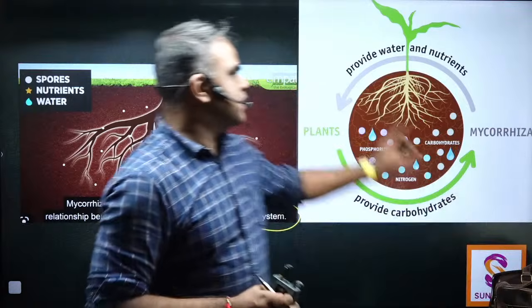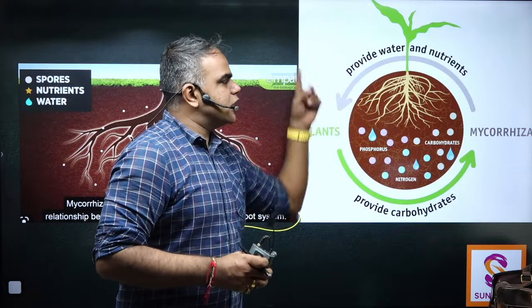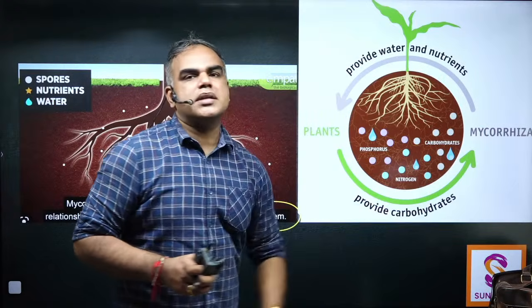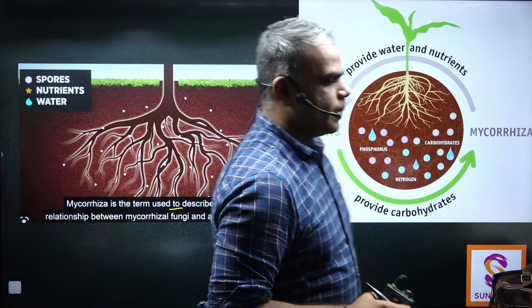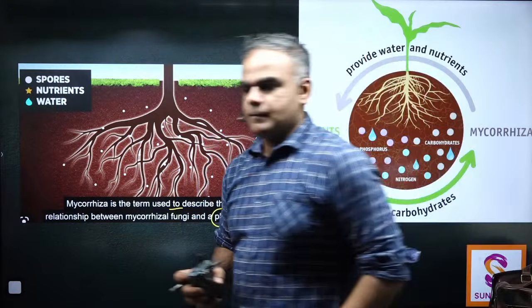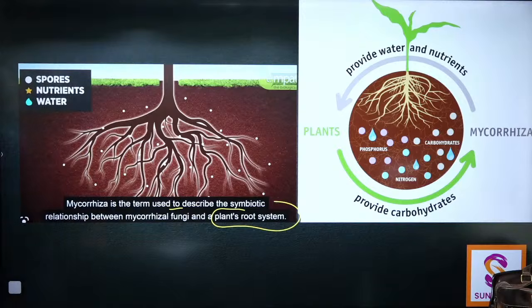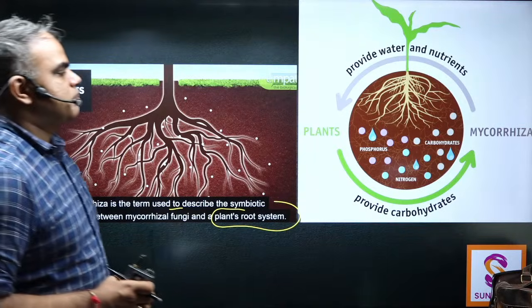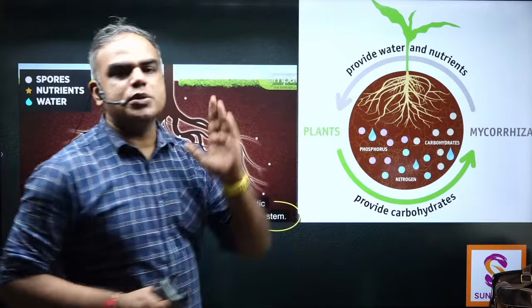And you can draw this very simply. Don't draw this, just draw this simple one. A plant providing carbohydrates to mycorrhiza, and mycorrhiza providing water and nutrients.